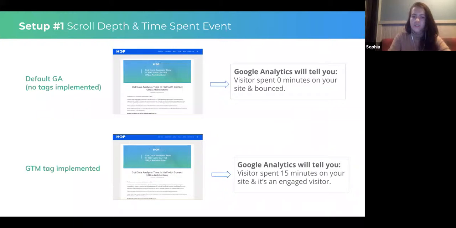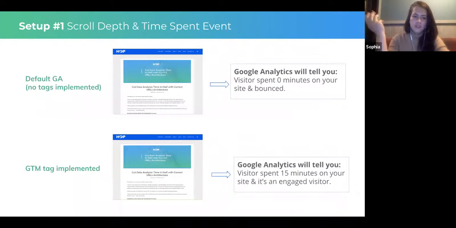By default, if nothing is implemented, for somebody that came on one page, spent 15 minutes there but didn't go to the second page, Google Analytics is going to tell you that the visitor spent 0 minutes on the website and bounced.